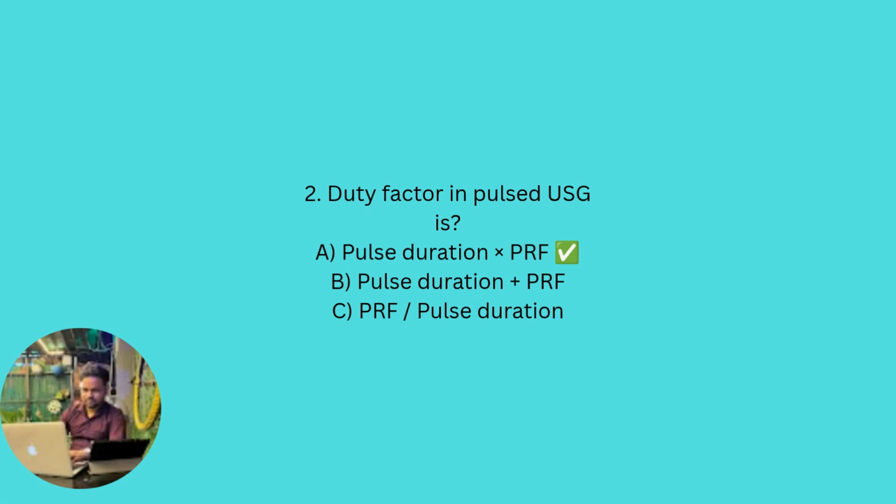Second question: duty factor in pulse USG is A. Pulse duration multiplied by PRF, B. Pulse duration plus PRF, C. PRF divided by pulse duration, and D. 100% always. So answer is A. Pulse duration multiplied by PRF.